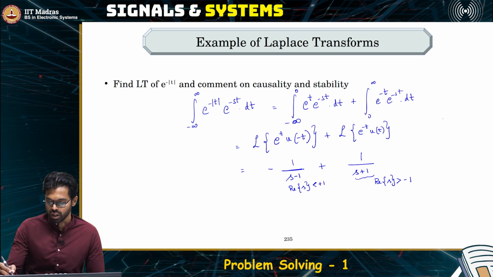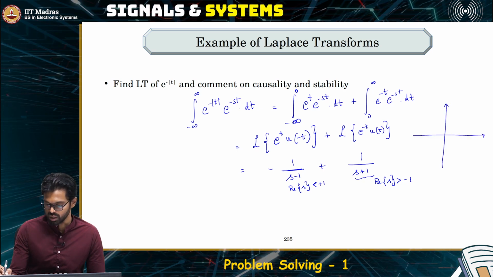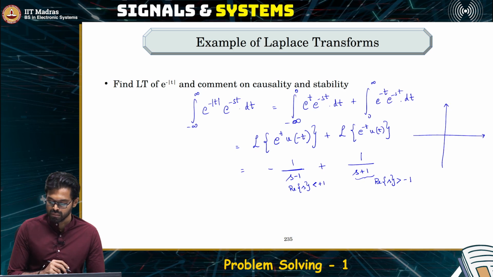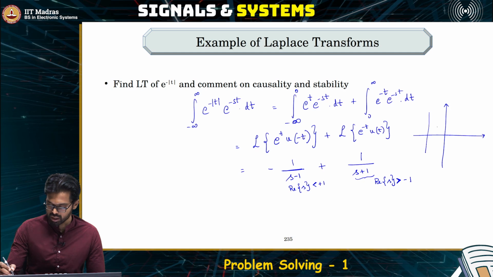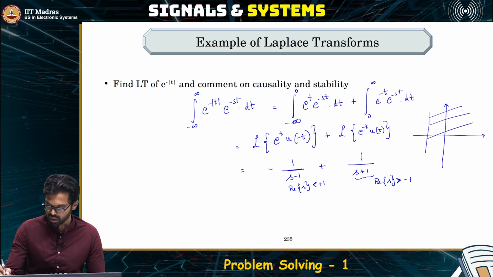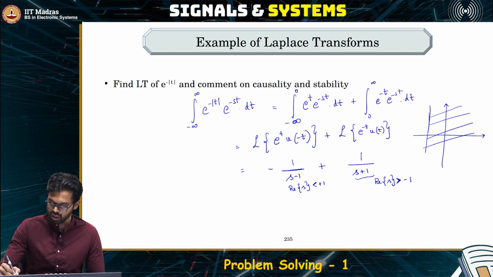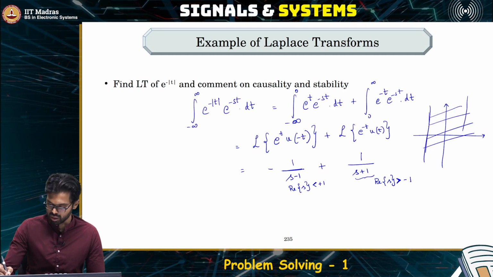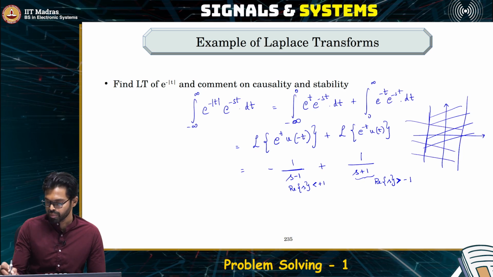Now, what is the combined ROC? The combined ROC is the intersection of these two regions. The region that is greater than -1 is this side, and the region that is less than +1 is this side.